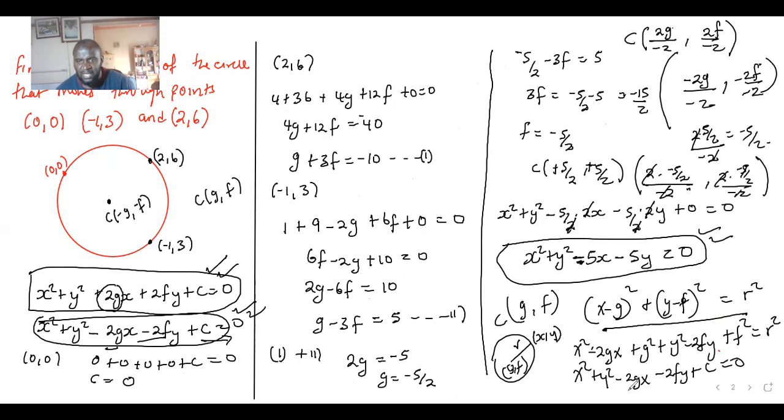When you expand, you end up coming with this. Now, to go back and look for the center, you divide the whole of this by -2. So you'll get -2G divided by -2, -2F divided by -2. When you divide them by -2, they take you back to (G, F), which is the center of the circle.